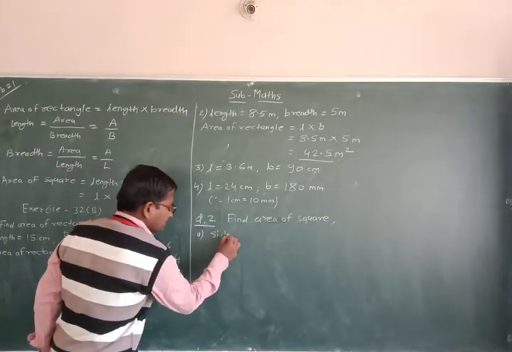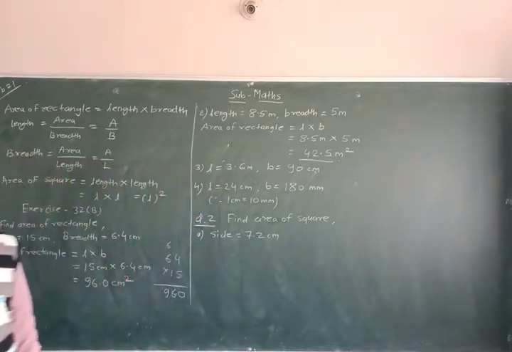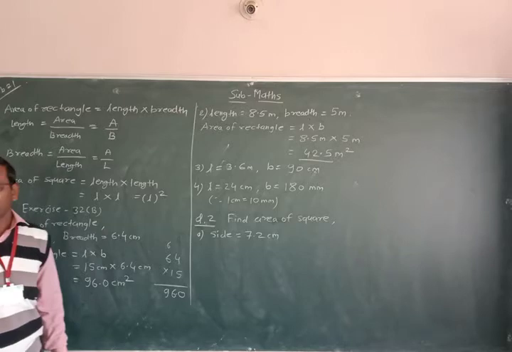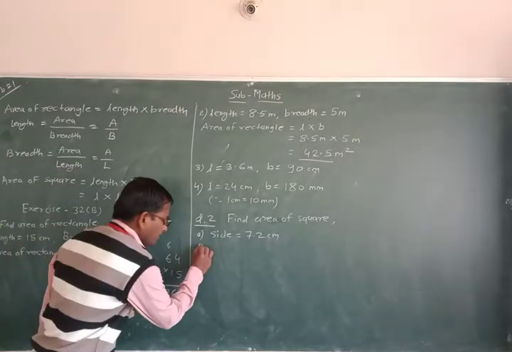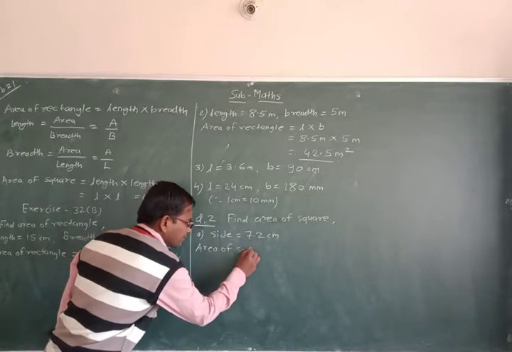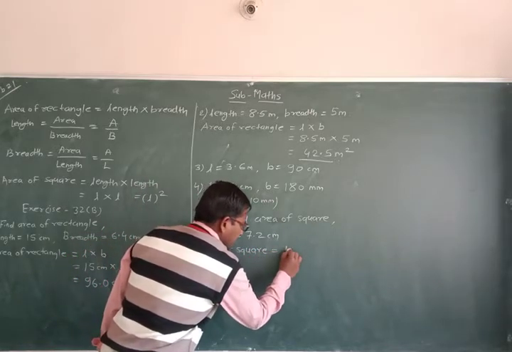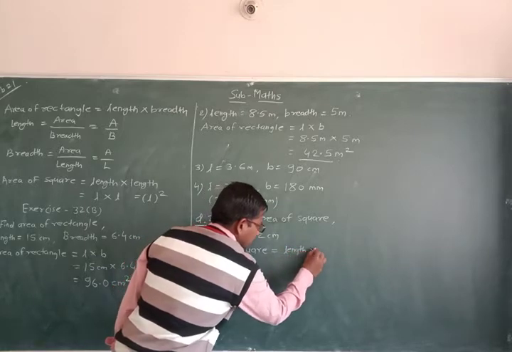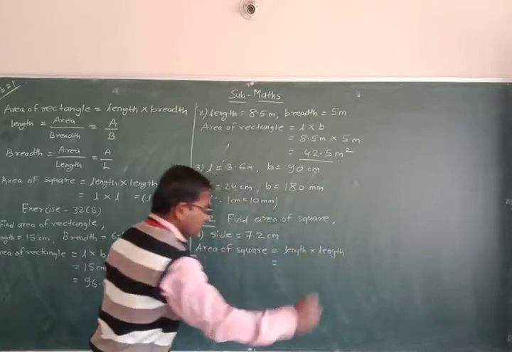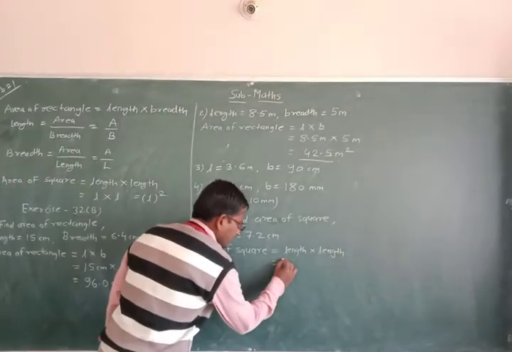You know the formula, area of a square is equal to length multiplied by length. So first write the formula, area of square is equal to length multiplied by length, 7.2 centimeter multiplied by 7.2.